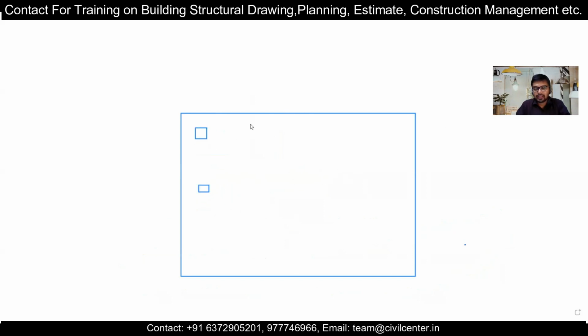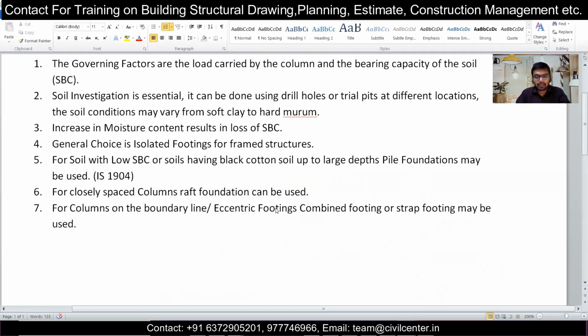There will be columns here, and there will be a single raft or mat. So mat or raft footings we can use in places where we have closely spaced columns, and this can also be done in shallow foundation practice.